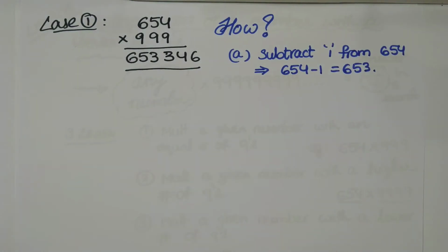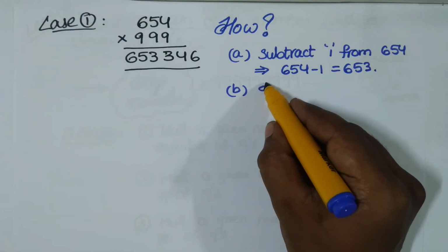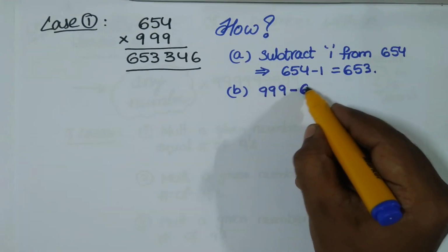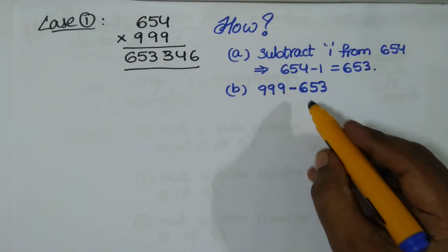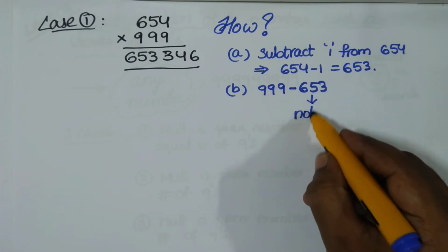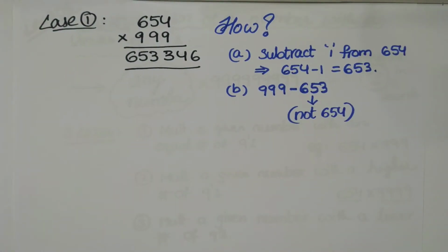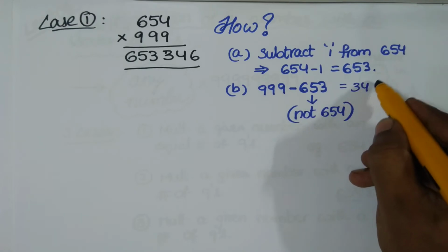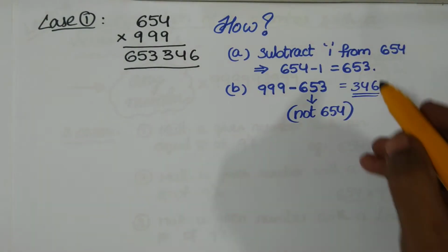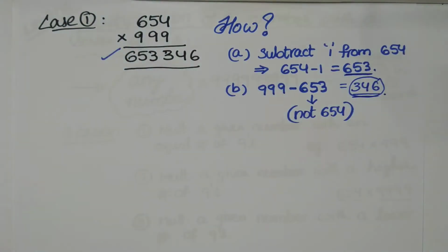Now you subtract 653 from 999. This is very important: not 654, you have to subtract 653 from 999. Now what do we get here? We get 346. Append this 346 to the number 653, and that's the answer. Very simple, right? It's straightforward.